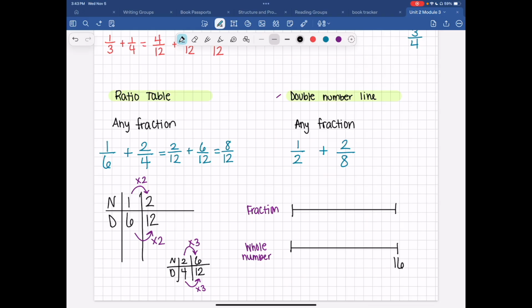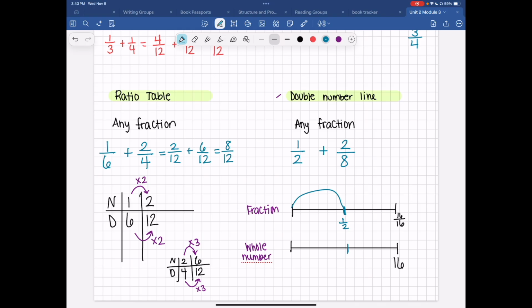So I'm going to do 16 as my whole, and this is going to be 16 out of 16. The only thing about the double number line is you have to remember doing fractions of. So I'm going to do 1/2. That was a bad halfway. There's my 1/2. Okay.